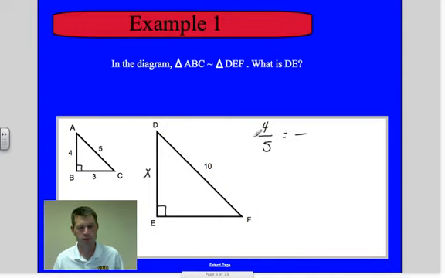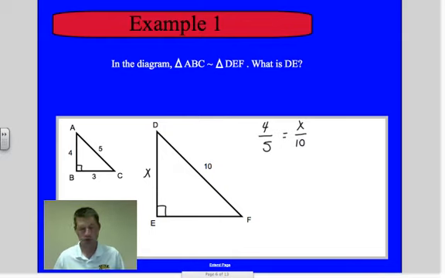That's the small triangle. Over here, AB matches up with DE. Those are the similar sides. So we put X up top, with the same sides across from each other, just like we said we needed in the previous section, and on the bottom is the 10.